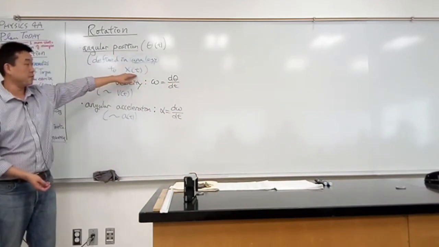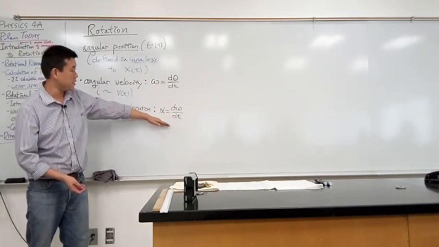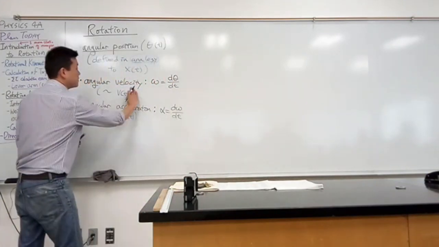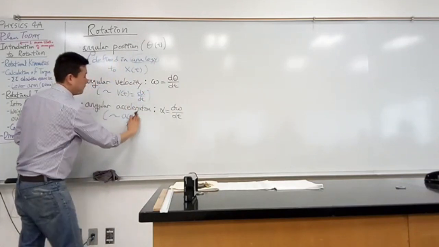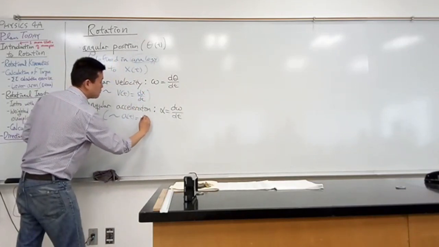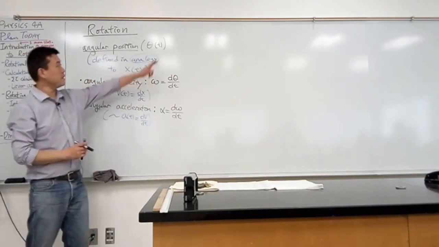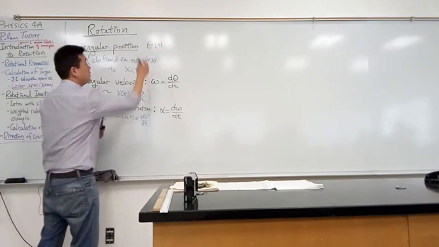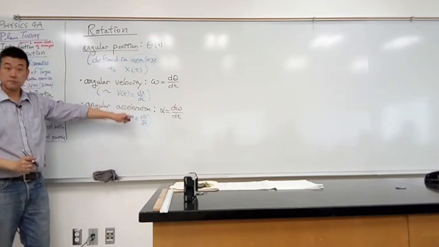Angle is nothing like a position. But when you look at these relationships here, remember how we defined velocity. We defined it as rate of change of position, and we defined the acceleration as rate of change of velocity. The new relationships that we have defined here follow the pattern that you saw before.